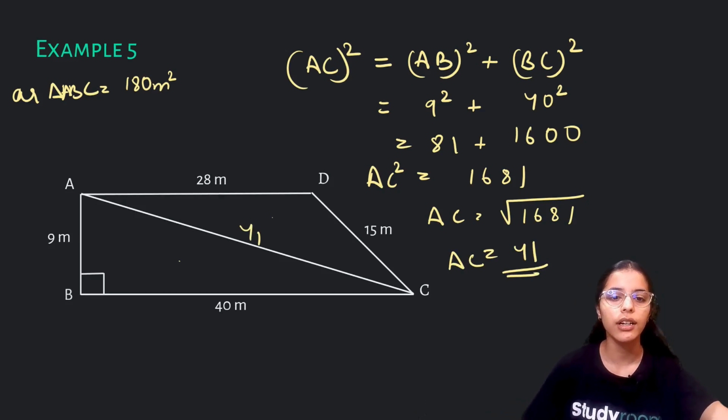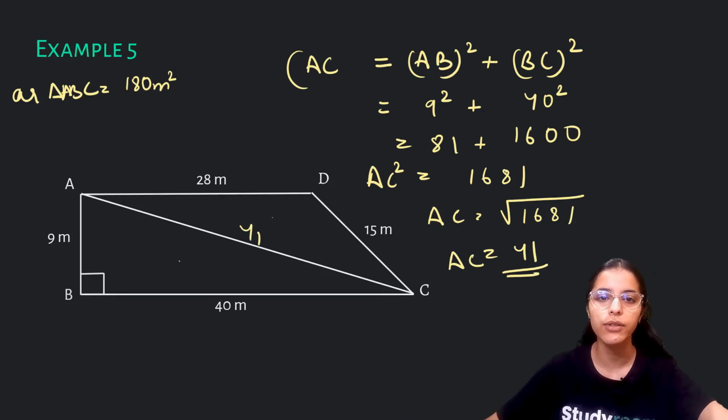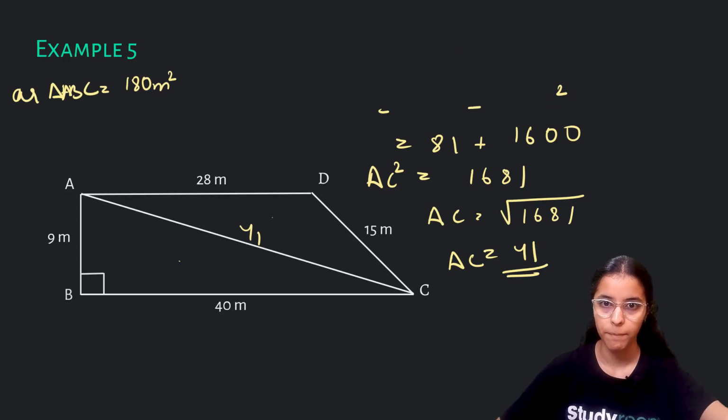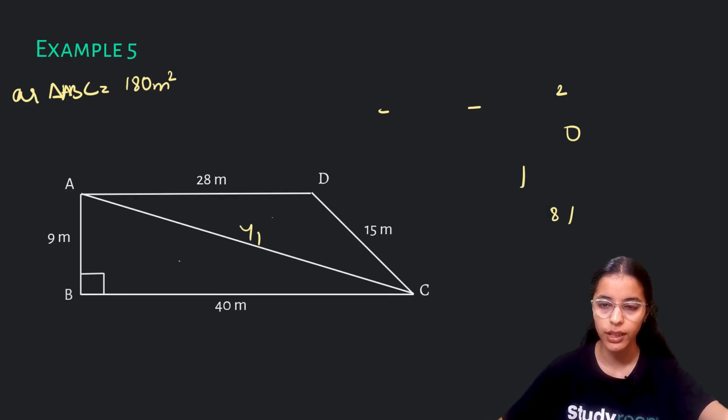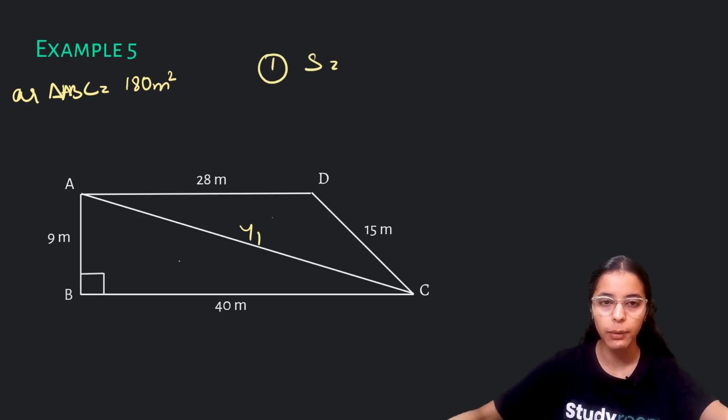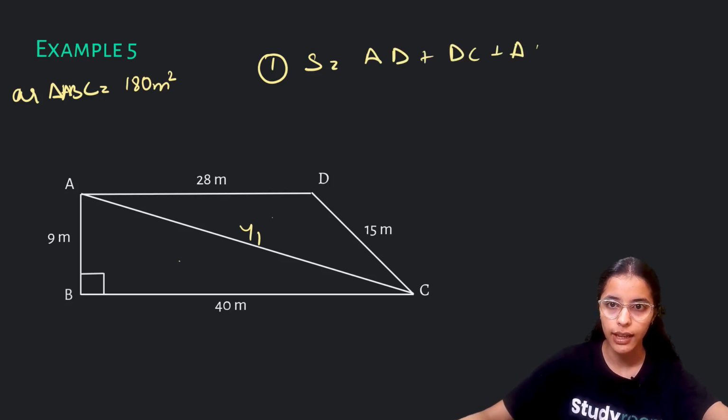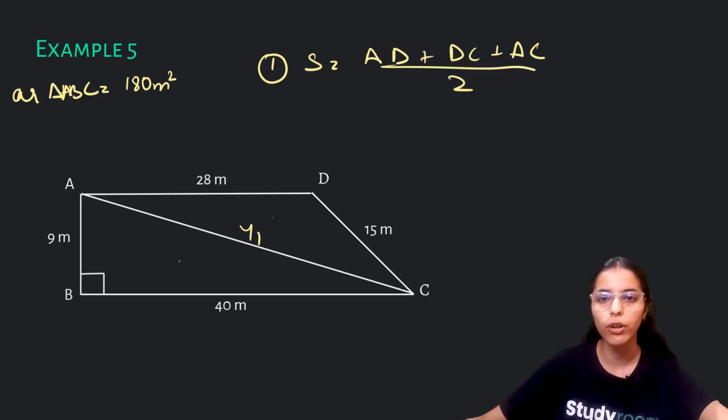Now we have all the three sides, so let us find out the area by using Heron's formula. So the first step is to find out the semi-perimeter. The semi-perimeter is given as AB plus BC plus AC divided by 2. That is, sum of all sides divided by 2.